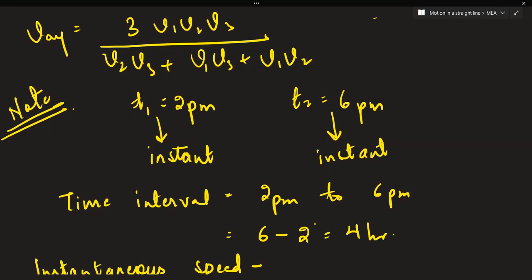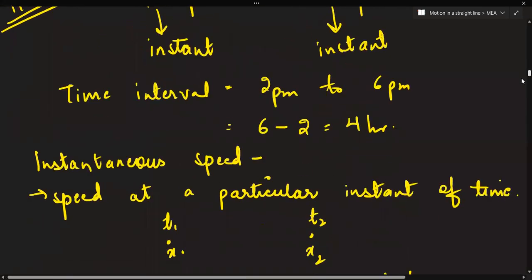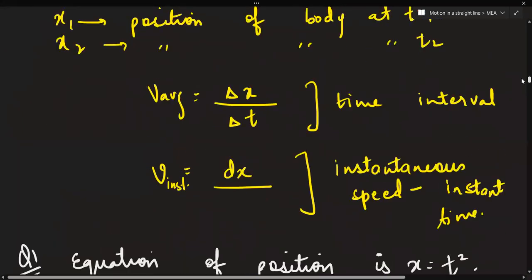You say from Monday to Tuesday, from 2 p.m. to 6 p.m., from 3 second to 4 second, that's a duration. So instant is usually used whenever a particular moment of time is given, and the speed that is calculated is known as instantaneous speed.